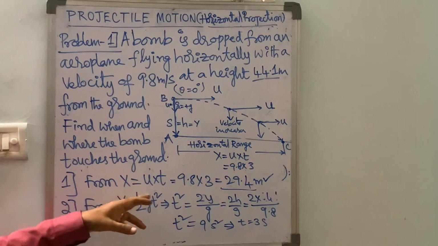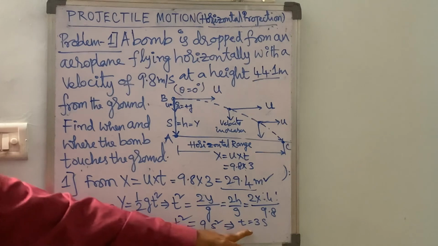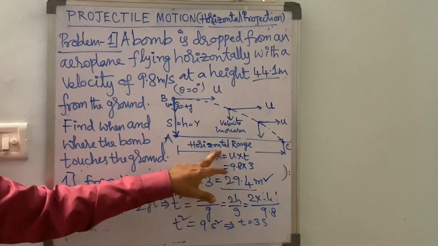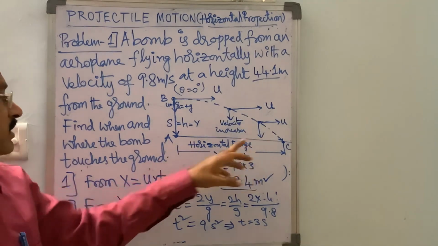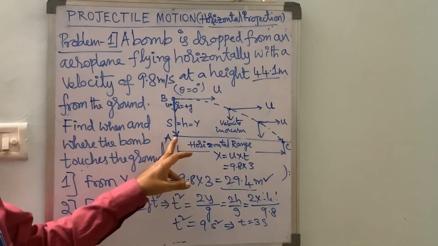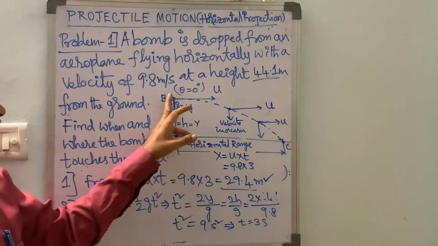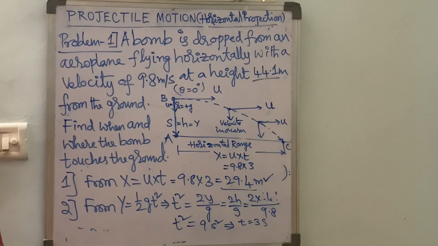By using the previous equations, we calculate the time of 3 seconds, then we calculate the horizontal range, the horizontal distance travelled before the bomb touches the earth. It travels from A to C, 29.4 meters.